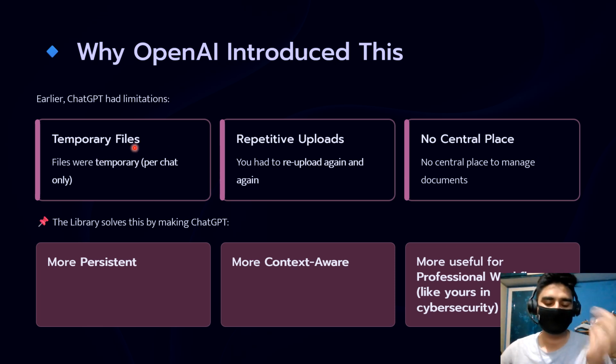Temporary files means files are temporary per chat only. Repetitive uploads means you have to re-upload again and again, a repetitive task. And no central place where you can store the data you have already worked with. That's the reason the library feature can solve these types of issues within ChatGPT.